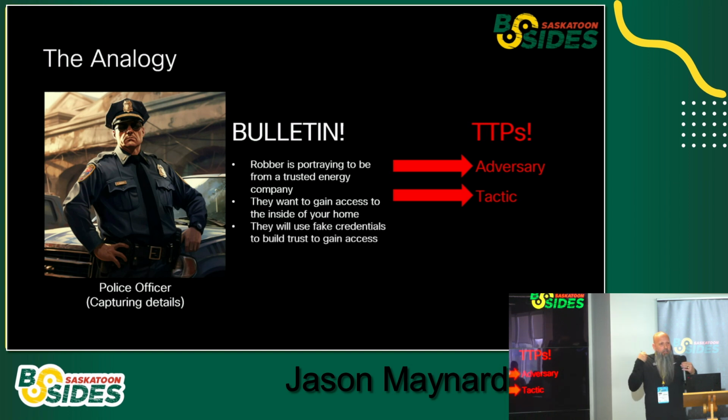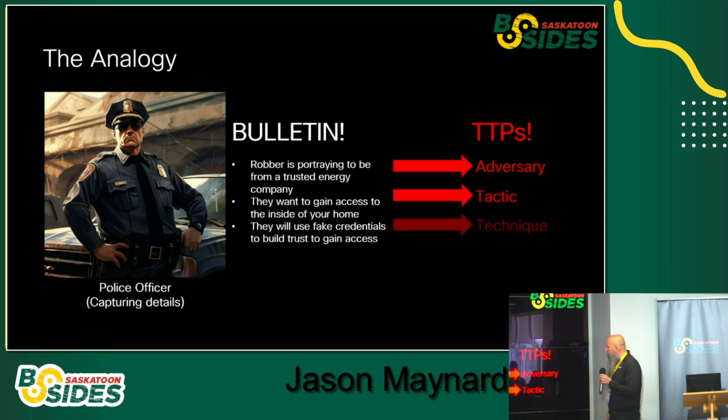They have a badge, they look presentable, everything looks good. They knock on your door right at dinner time, when you're coming in, you're in a rush, so you're probably not as alert because you want to get back to the table. Anyways, that's the technique. They're using fake credentials to get in. So that's exactly what MITRE does for us as defenders. It gives us the recipe, right? The ingredients of what the adversary is going to do.